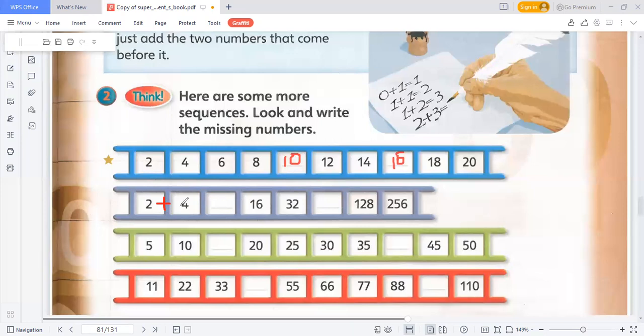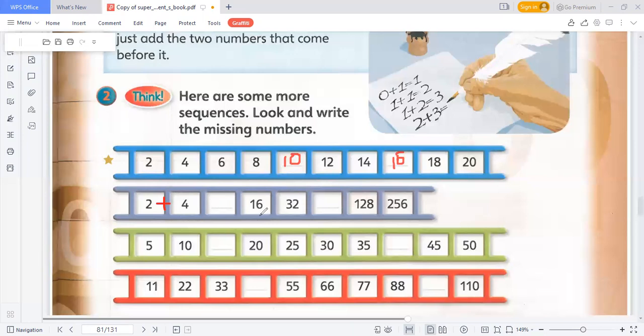Yes, but I don't think that it will be equivalent. 4 plus 6, how much is it? That's 10, right? So if we put 6 here, the answer should be 10. Yeah, so it's quite confusing, right?